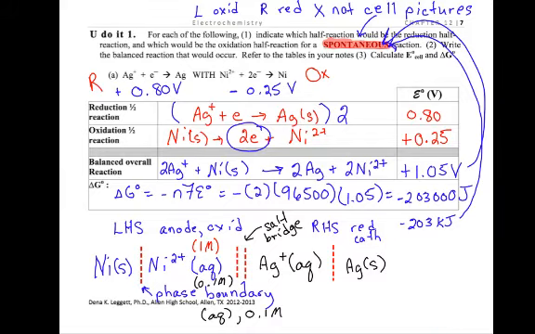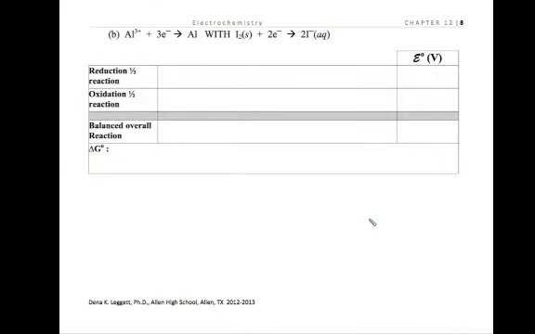Let's do one more, and then we'll do a non-spontaneous situation. Again, we're setting this up to be spontaneous. So if we looked up our E0 reductions, we'd have minus 1.66 volts for the aluminum half reaction. We'd have plus 0.53 volts. Hopefully that's logical to you, that iodine, a non-metal, would prefer to be reduced over aluminum, a highly reactive metal.